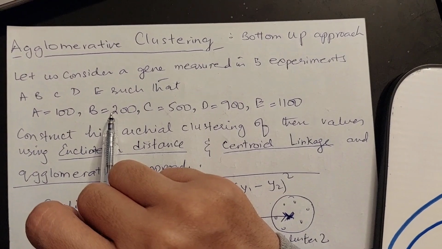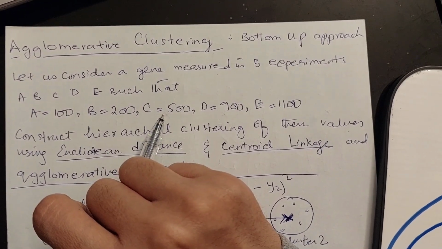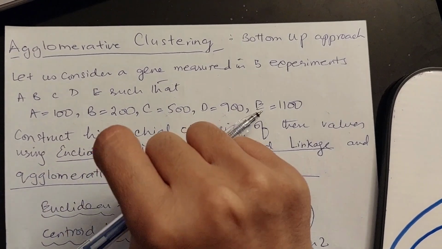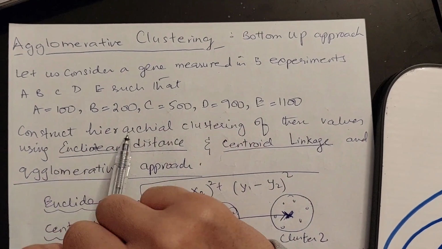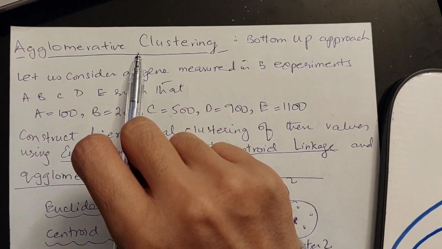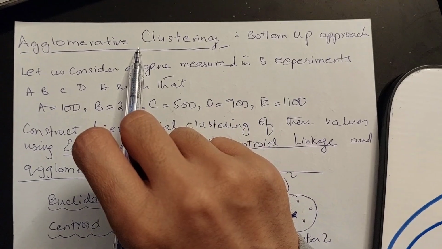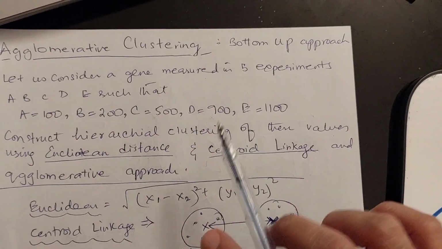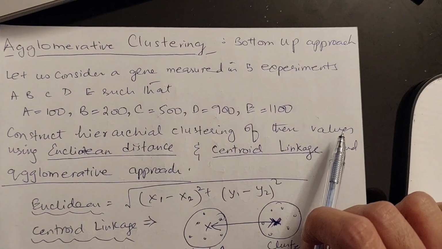In the second experiment it is 200. In the third it is 500. Then 900 and 1100. So we want to construct a hierarchical clustering. Basically this agglomerative clustering is a type of hierarchical clustering, right? So what we want to do is construct a hierarchical clustering of these values of the genes.